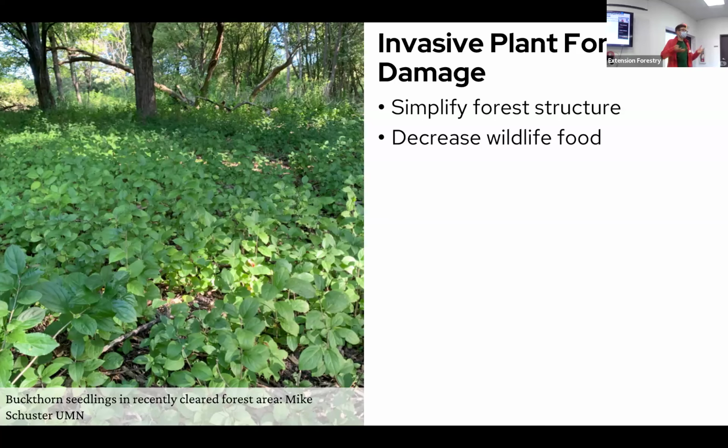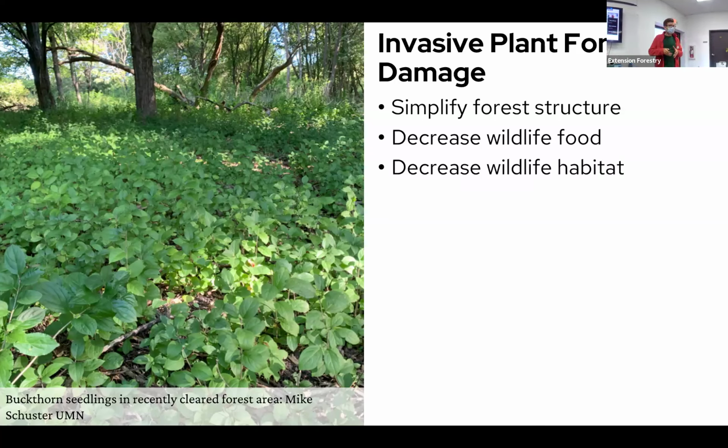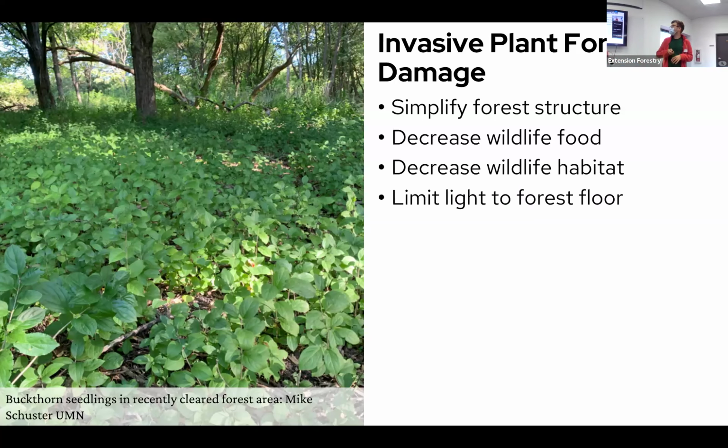Some species are going to be able to use these invasive plants, but because it's just a wall of buckthorn, we don't have some areas in the forest that are open, some areas that are closed. In effect, this decreases the available wildlife habitat. Think of it as a wildlife buffet. If we don't have that wall of buckthorn, there's more options for a lot of wildlife.